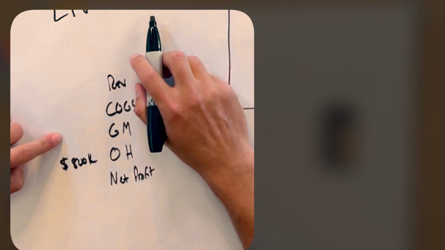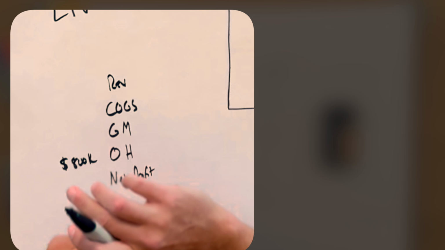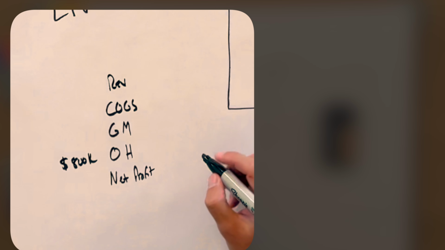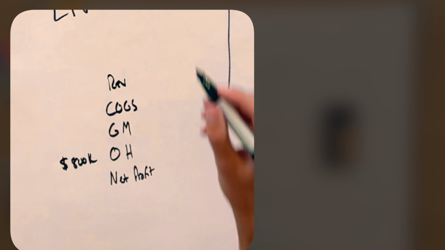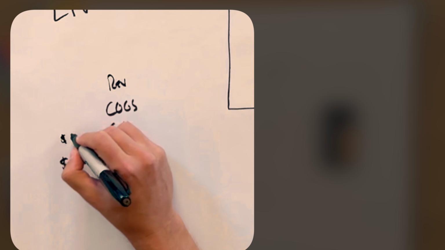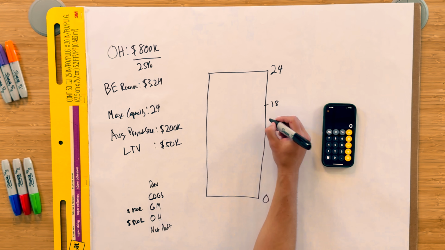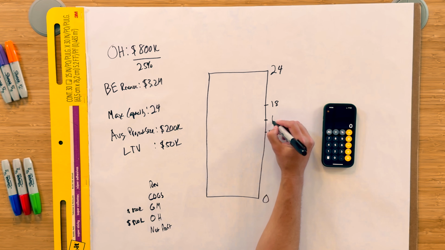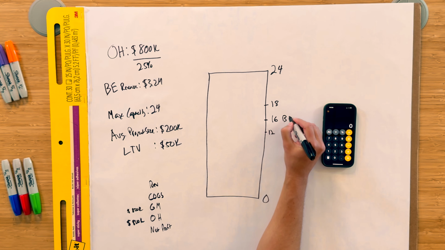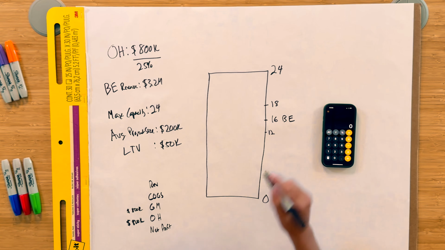And if we know this is our gross margin per project, we're going to take 800,000 divided by 50,000, and that will get us to 16. So we're going to need 16 projects. Right in here, this is our break even for number of projects.